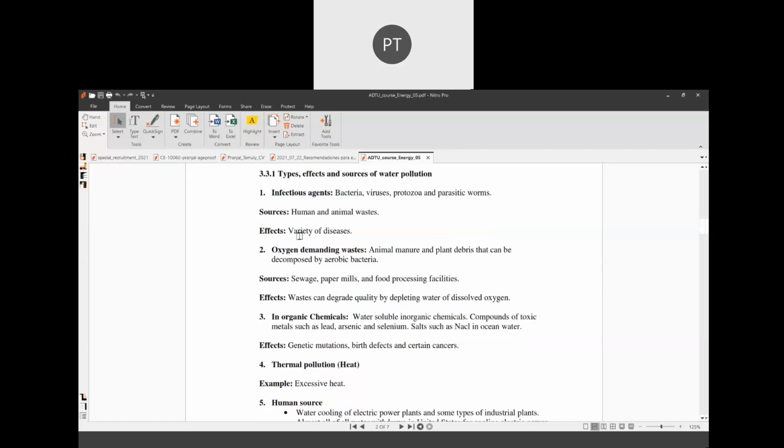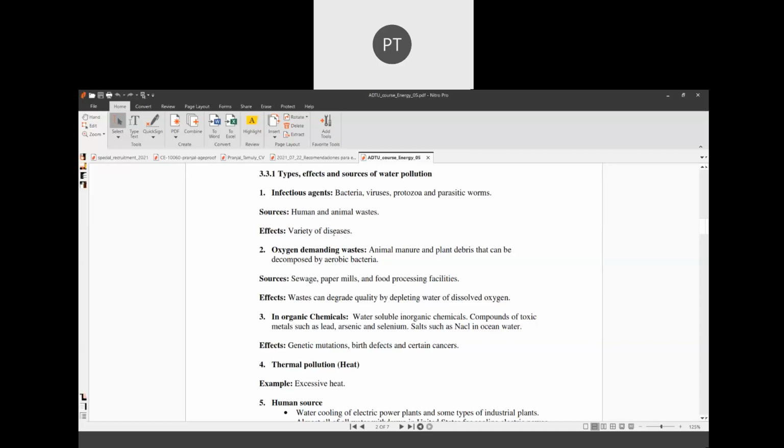Because of these bacteria and viruses that are borne in wastewater, or polluted water, a swarm of harmful bacteria and viruses is produced, and they cause various diseases in our body or in other animals also. So this is the harmful effect of human and animal waste.